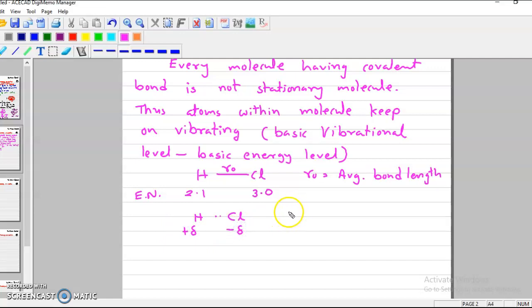So it is a bond in which you will find partial covalent bond and partial ionic bond.